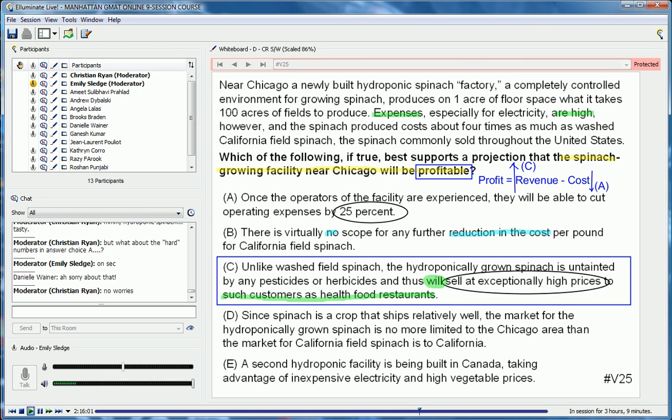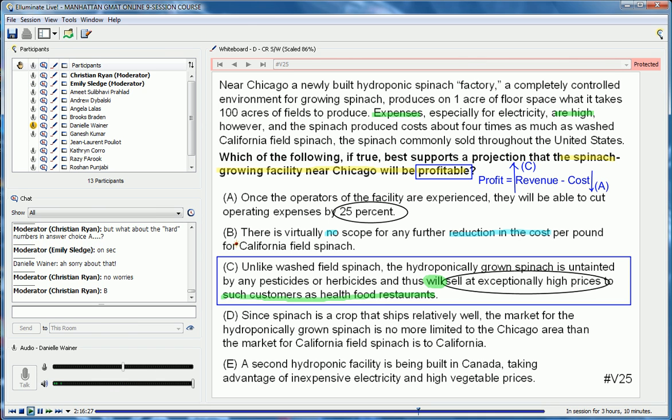Danielle, I'll hop back to you. Looks like you're here. Why did you say it was unrelated altogether? E being unrelated? Nope, sorry about that. Talking about B. Choice B as in boy.